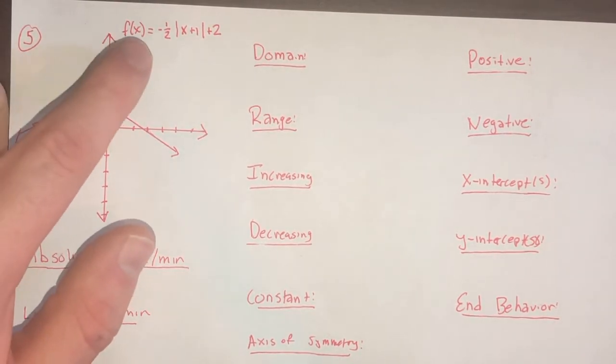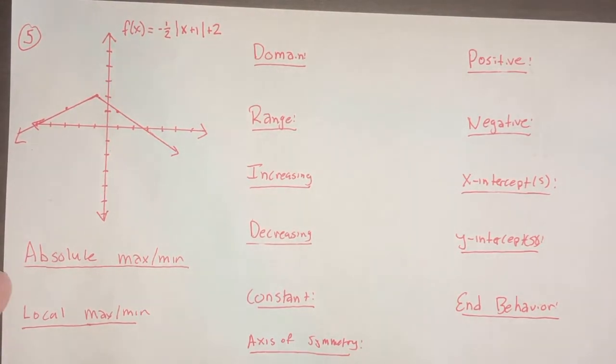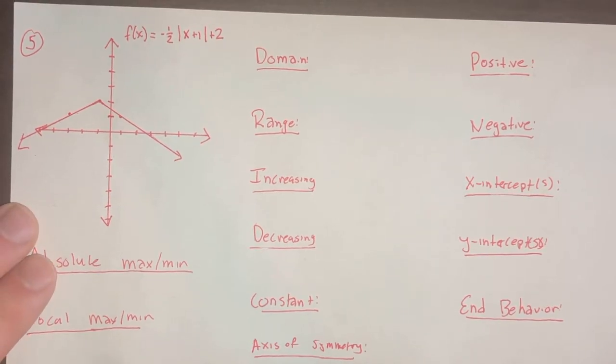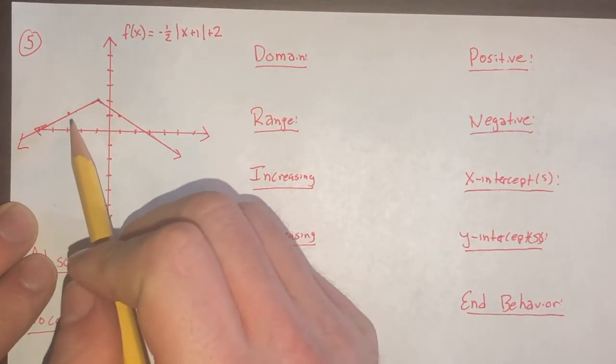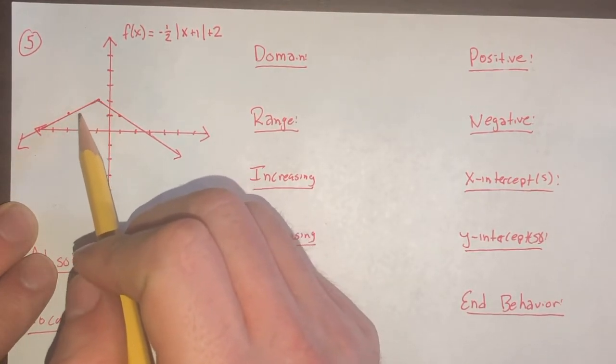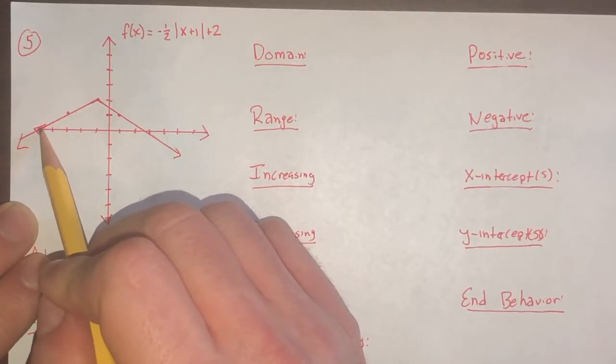This is f of x equals negative 1/2 times the absolute value of x plus 1, plus 2. Be really, really careful when you look at this graph, okay? Because this is (-1, 2). Then notice I'm going over 1, and then I'm going to go down 1, over 2. So this is (-4, 0).